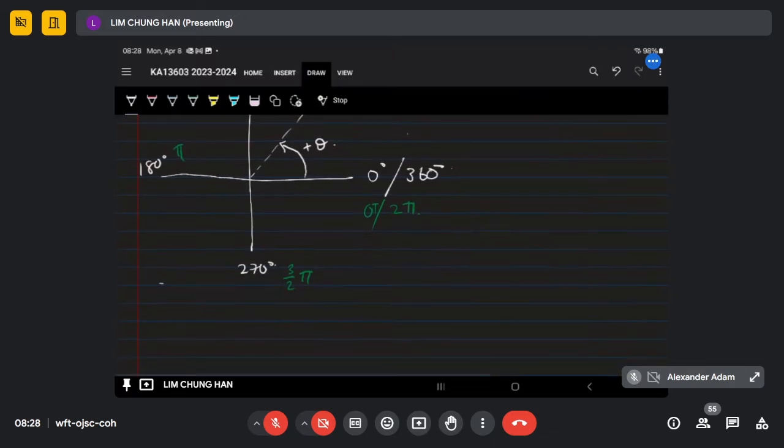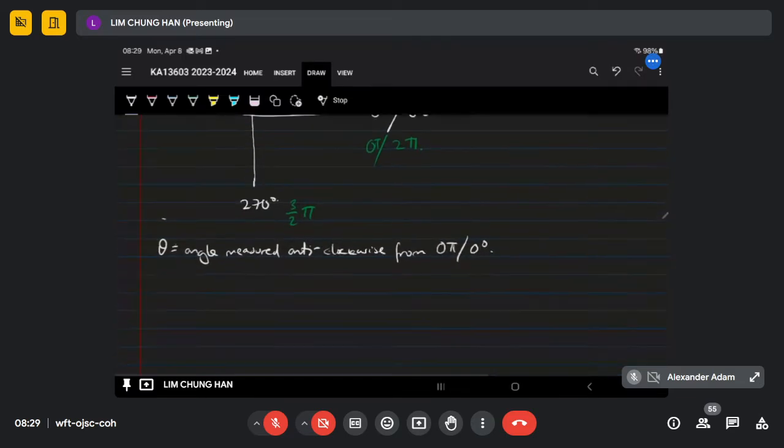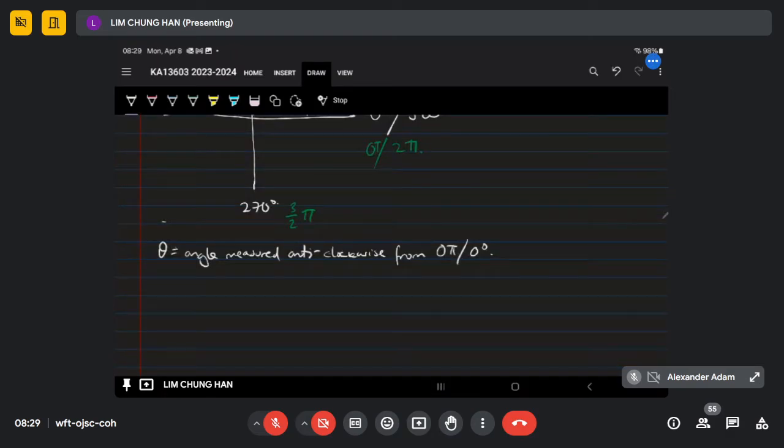So theta is the angle measured anti-clockwise from your 0 pi or 0 degrees location.